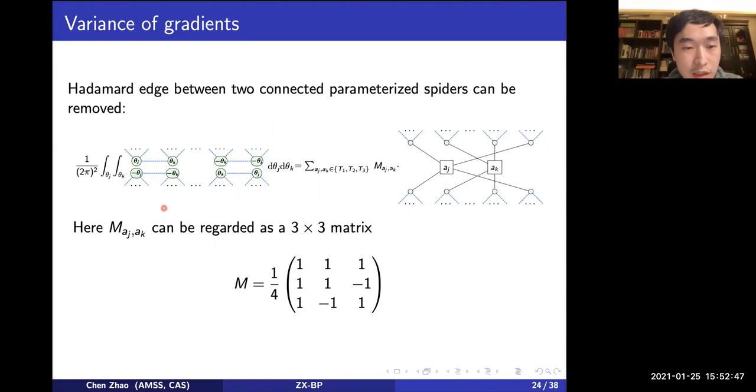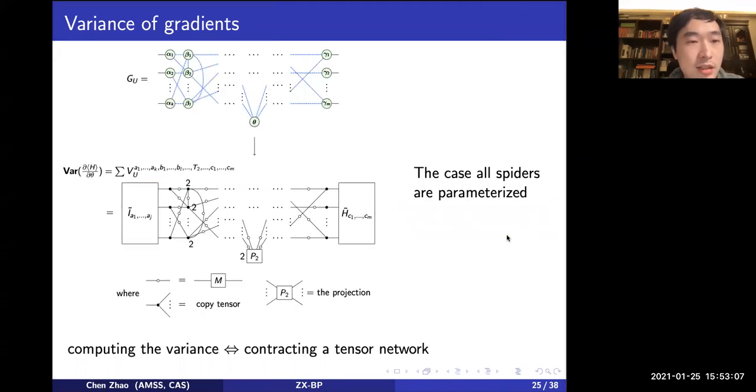And in a graph-like ZX diagram, if there are many of these Hadamard edges connecting two parameterized spiders, then these edges can be removed by this relation. So let's consider an extreme case that in this graph-like ZX diagram, all spiders are parameterized.